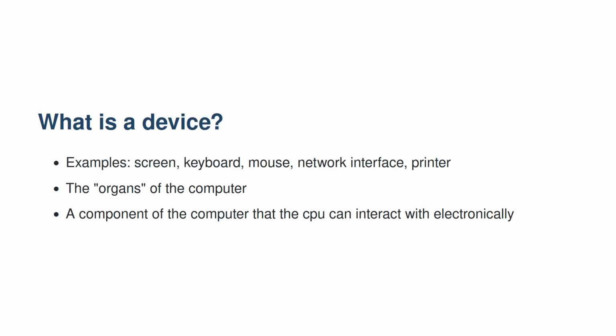Something that exists in the real world, but there could be virtual devices or less obvious things. Something like your RAM might even be a device on some level, right? There might be ways that the kernel can interact with and change parameters of the RAM. Your hard drive also could be a device, right?